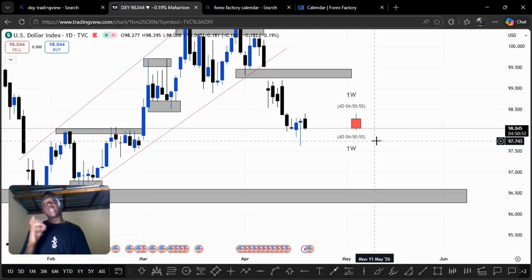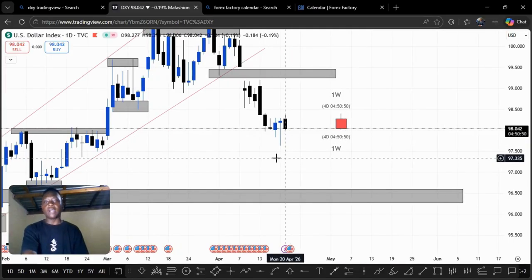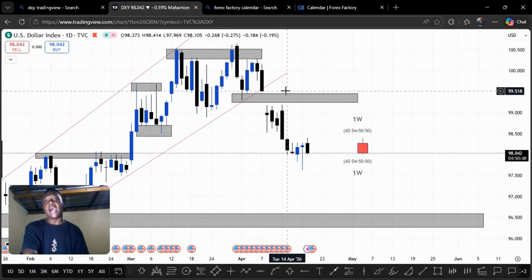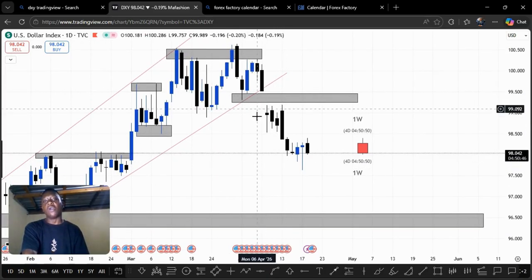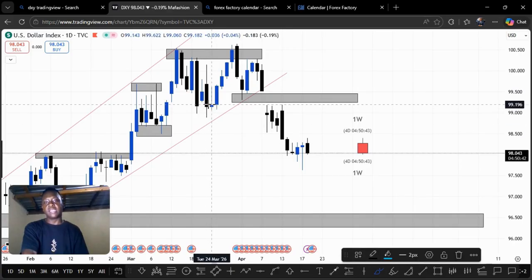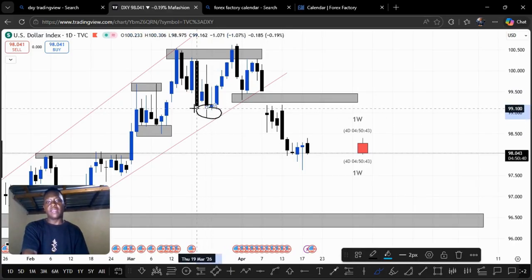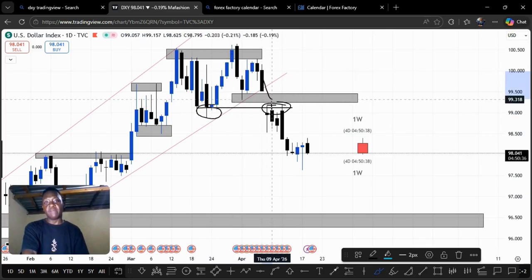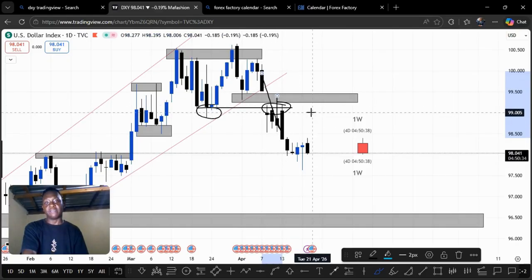So what am I looking for? So far, I know that the market already broke the structure, and we can see here, this was our low, and it was initially broken, and we came and retested on this level.